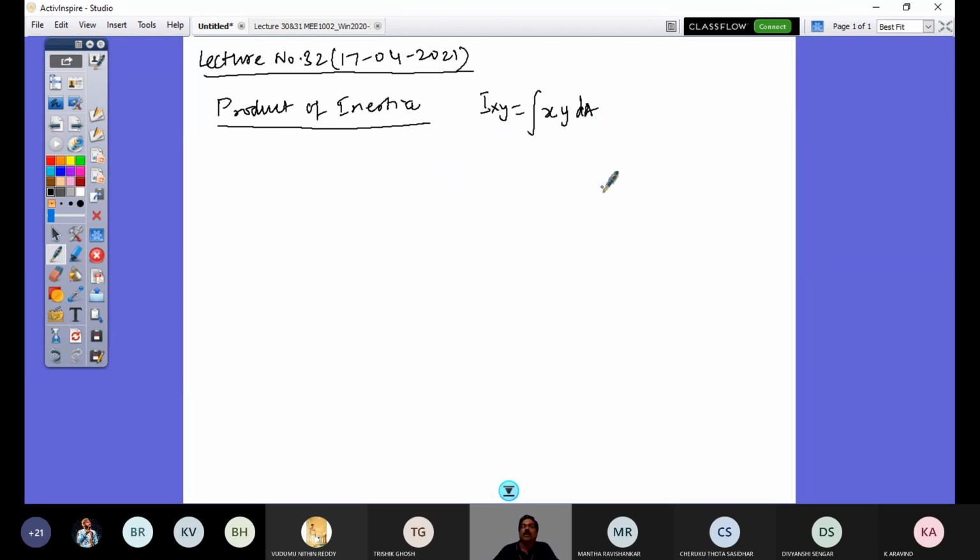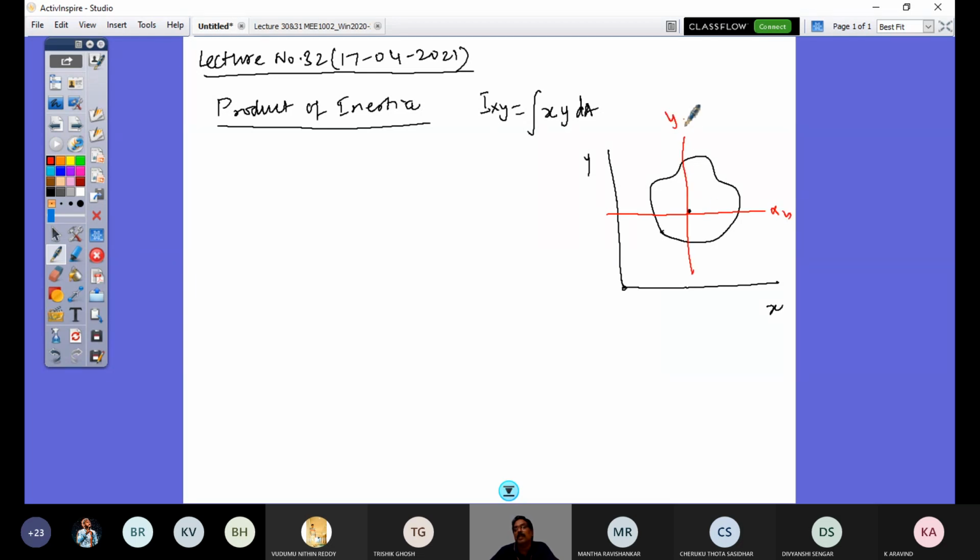Let us again look at our generic case, a representation of a section area, which is an arbitrary section area. The centroid CG is located somewhere here, so I have my centroidal axes as well. This is my XG axis and YG axis.